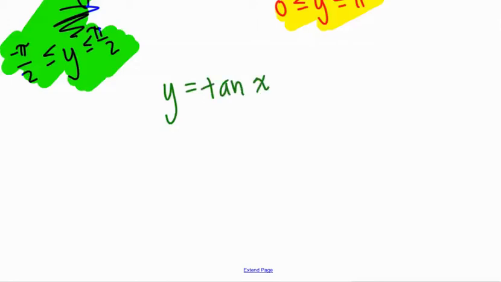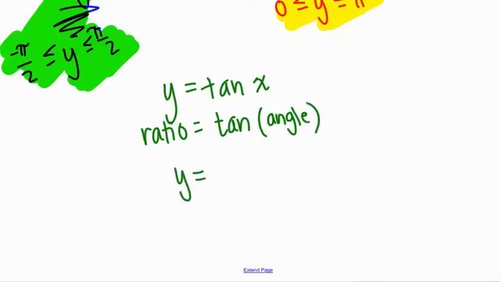Y equals the tangent of x means that my ratio is equal to the tangent of some angle. When I do y equals arc tangent, and I just really wanted to write the letters arc there to show you what it looks like when I say arc tangent. The angles become the output and the ratio becomes the input.